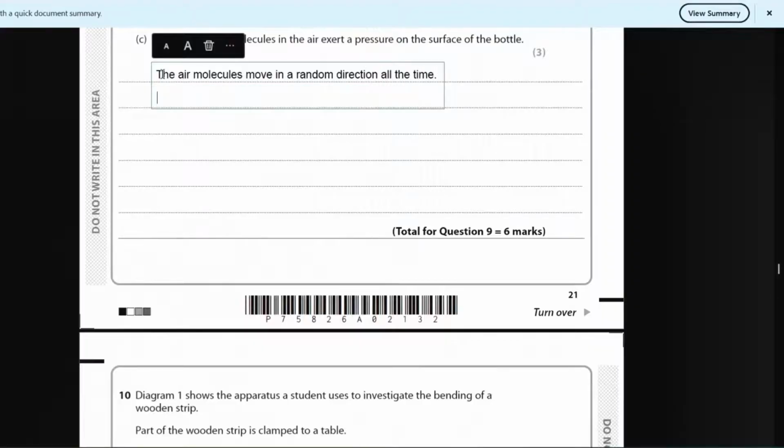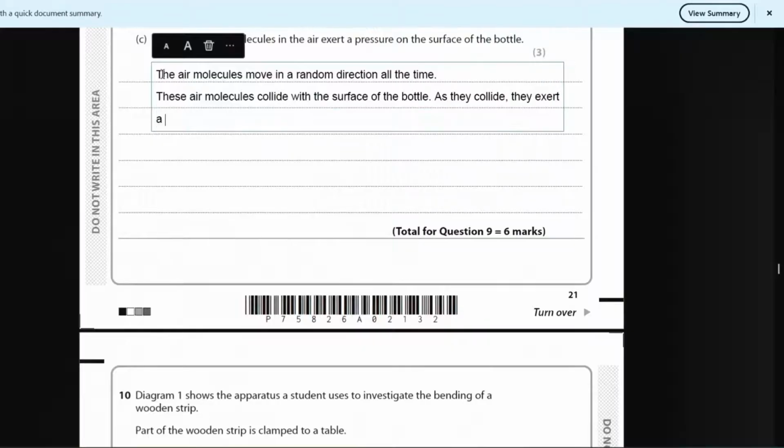That's the first point. Then we can say these air molecules collide with the surface of the bottle. As they collide, they exert a force on the surface of the bottle.